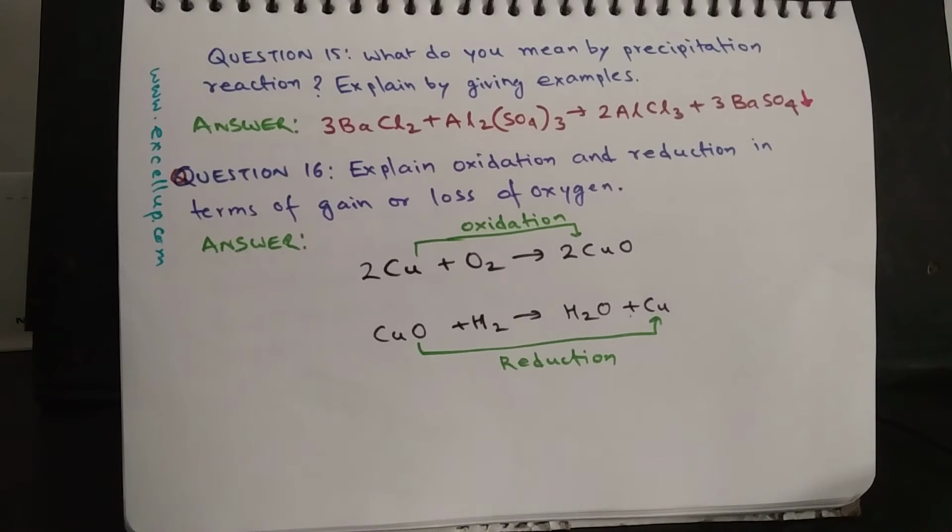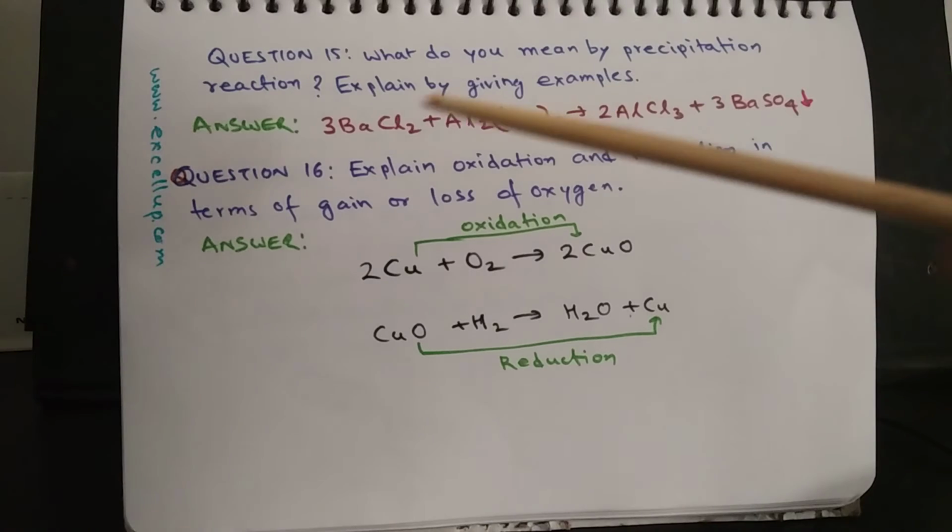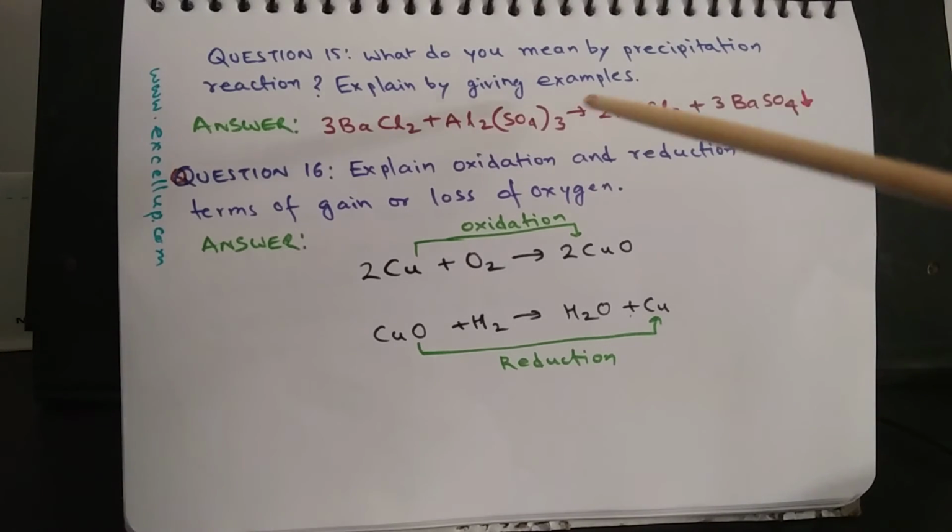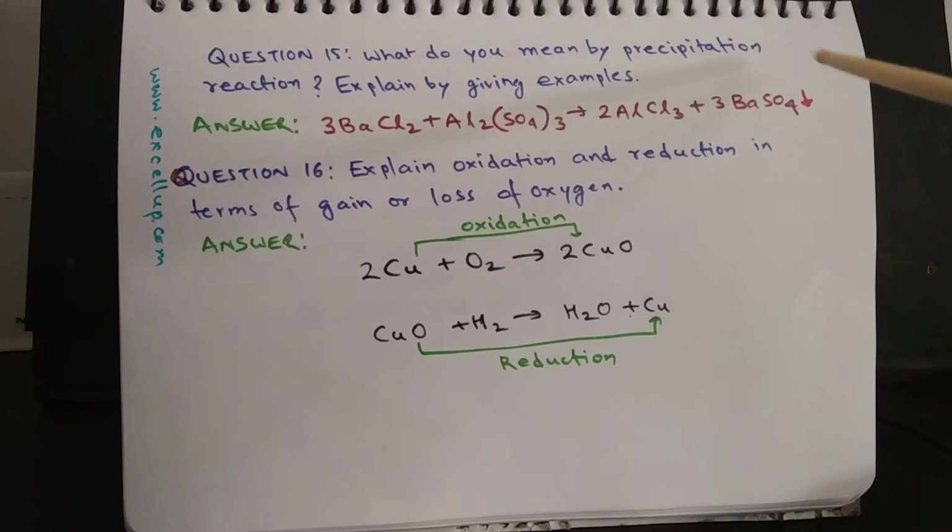So when the product mixture is in water, you get one insoluble substance in the form of a precipitate. That insoluble substance is called a precipitate, and because of that the reaction is called a precipitation reaction. One example is the reaction between barium chloride and aluminum sulfate. It gives the white precipitate of barium sulfate.